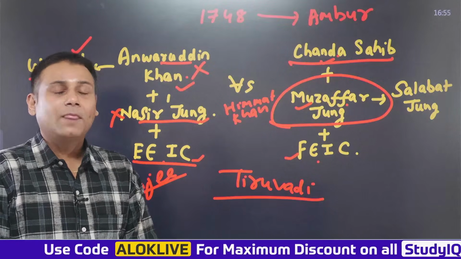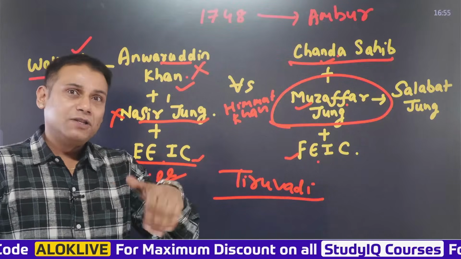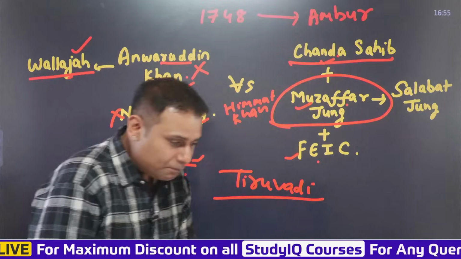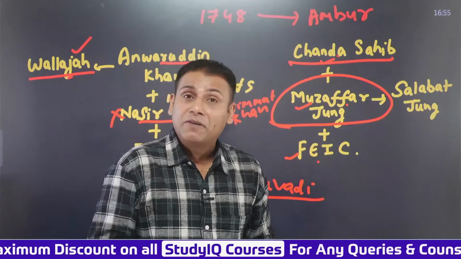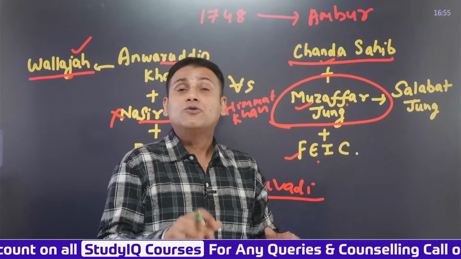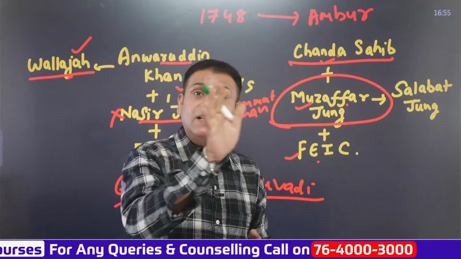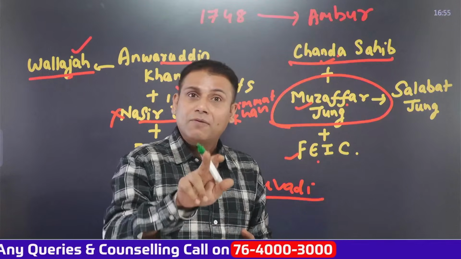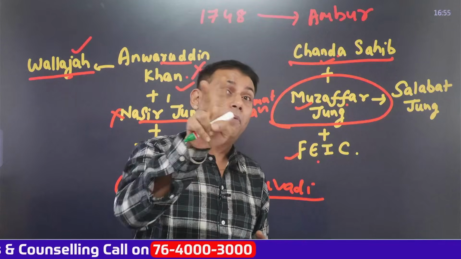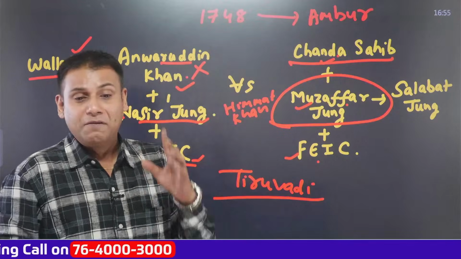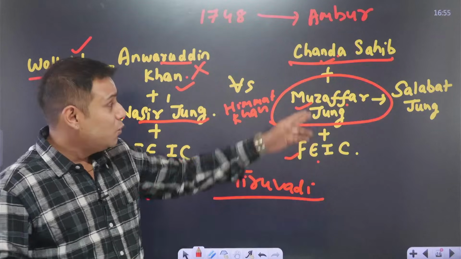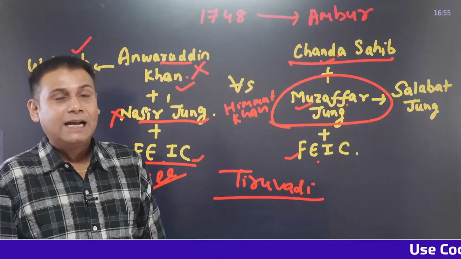Clear? He also became so happy with the French East India Company that he gave Masulipatinam to French East India Company. He gave 5 lakh rupees to French East India Company's troops. And apart from this, he gave 20 lakh rupees personally to Dupleix, the French governor Dupleix. Who? Muzaffar Jung. Is that clear?